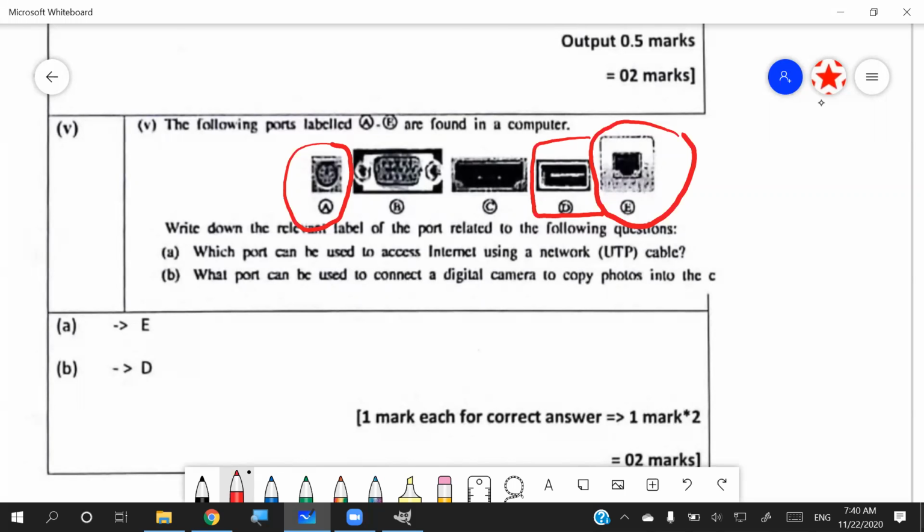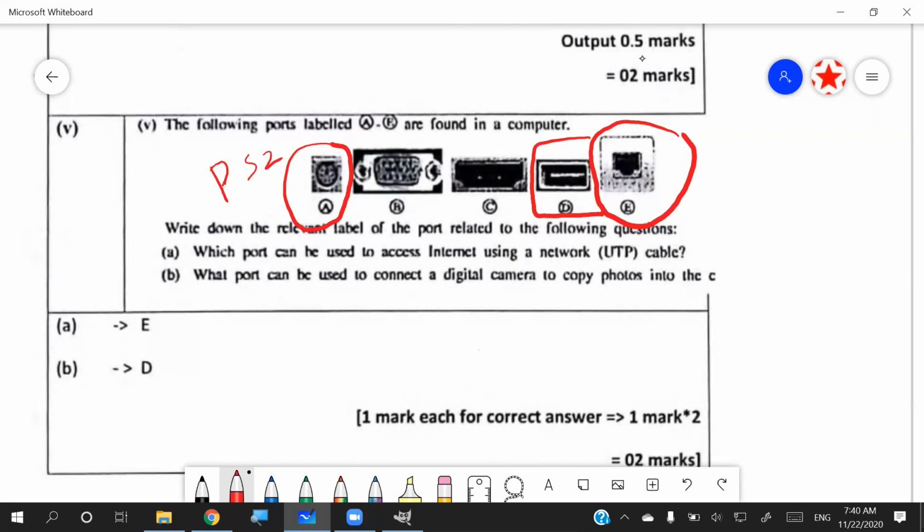Right? Yeah, VGA goes the same way, and it allows you to connect the VGA cable from the monitor. And A is the PS2, which helps us connect a mouse or a keyboard, right?